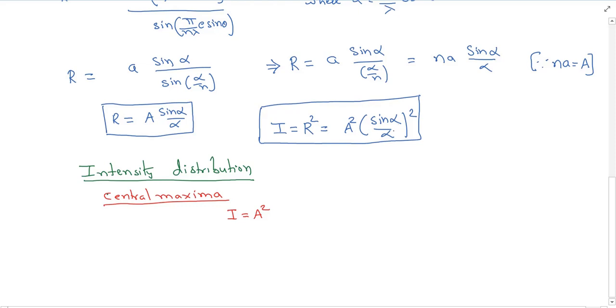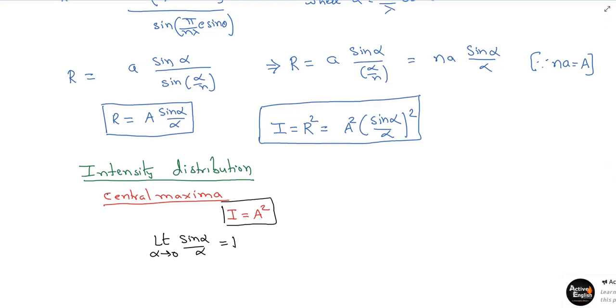According to L'Hospital's rule, limit alpha tends to 0, sin alpha by alpha is equivalent to 1. So in that case, this 1 square is nothing but 1 into A square, so we are going to get I is equal to A square when limit alpha tends to 0, sin alpha by alpha is equal to 1, right?